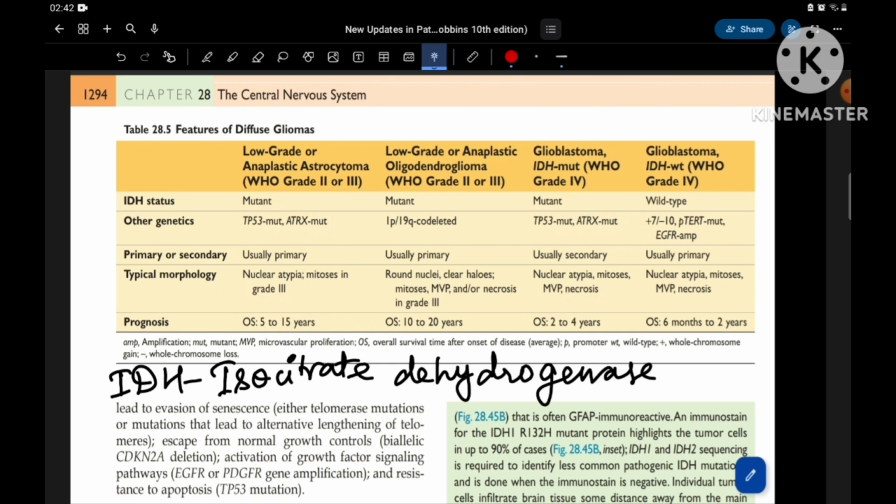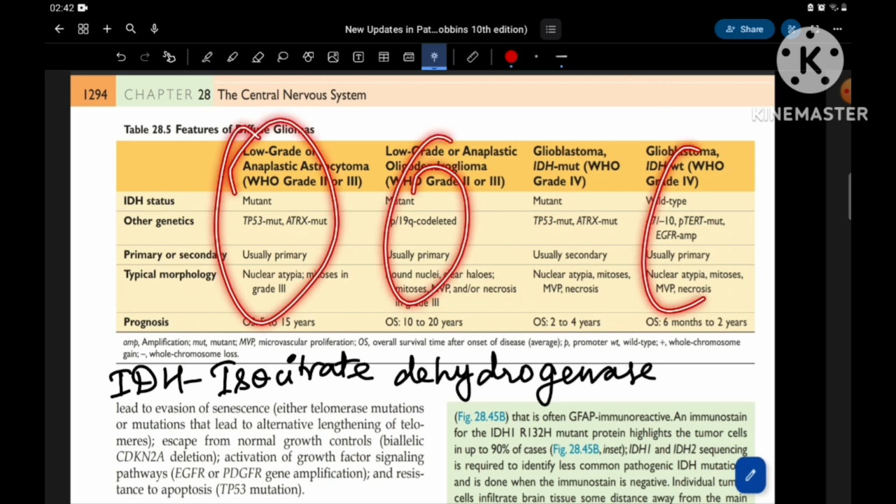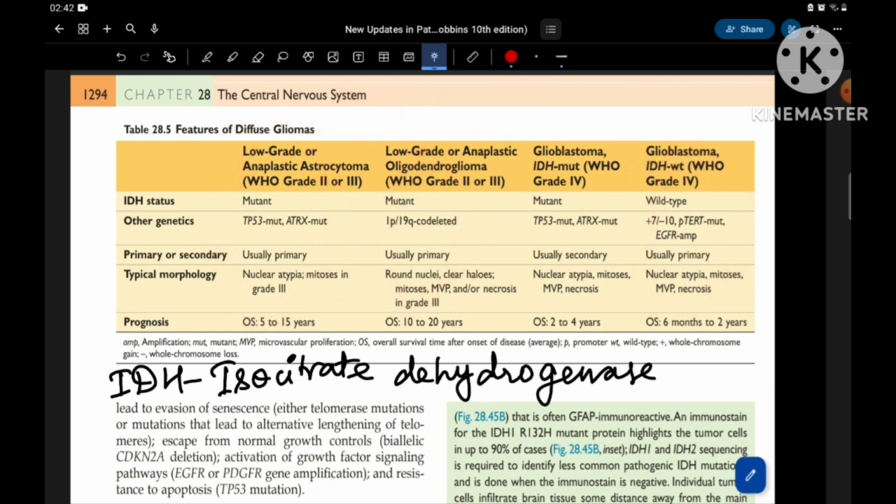What you have to note is that this glioblastoma IDH mutant variety is secondary. TP53 mutation, ATRX, and it's secondary, whereas this is primary. What does that mean? All these which have been given as primary can occur de novo. De novo means it can occur newly in a patient.